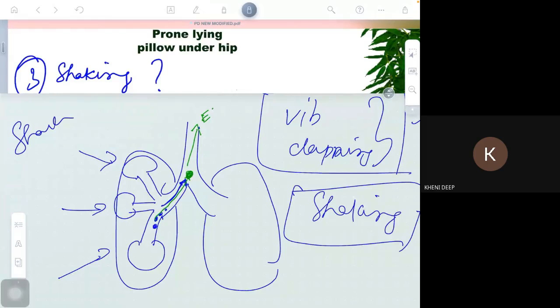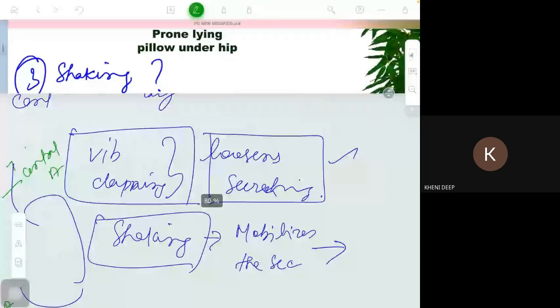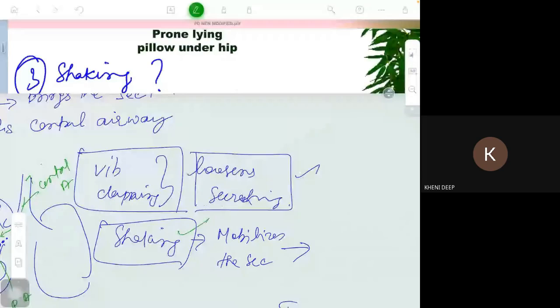Suppose you are doing shaking during the inspiratory phase, then it will move more peripherally. Instead of moving central, this is called central airway and this is called peripheral airway. So that is the purpose you give shaking during the expiratory phase.